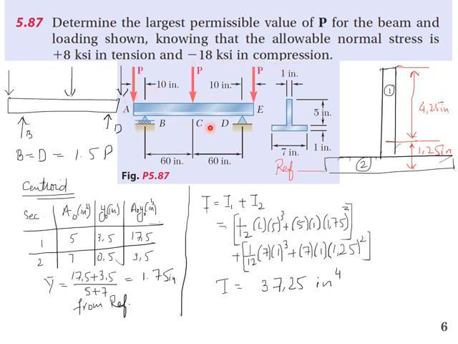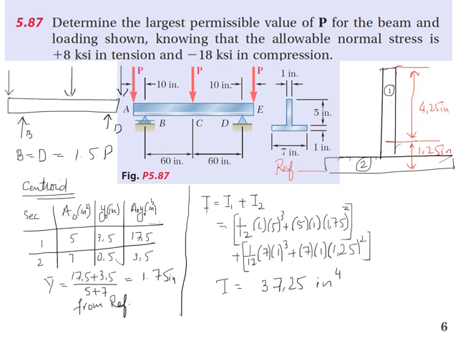So beam A, B, C, D, E is shown. It's an overhanging beam, so it has supports at B and D. So load P is applied at A, C, and E, and the cross section is given. So we have to find the permissible load P, and we have a condition that normal stress in tension is 8 KSI allowable and minus 18 KSI in compression allowable.